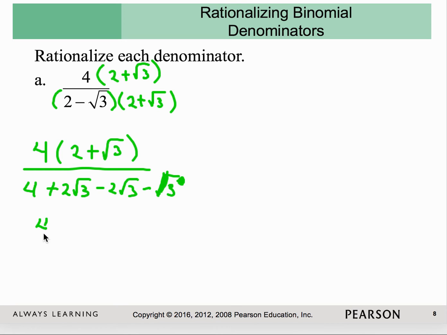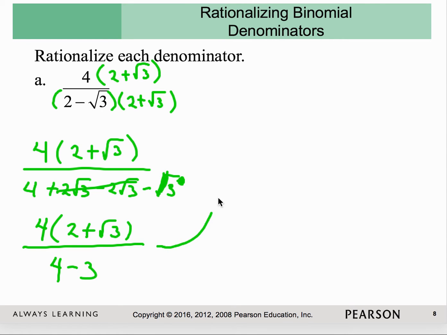So on the top, I still have 4 times 2 plus square root of 3. But on the bottom, this part cancels out, and I have 4 minus 3, or 1. Hey, if there's a 1 down there, I don't have to put that.